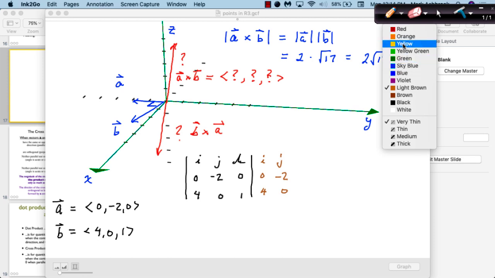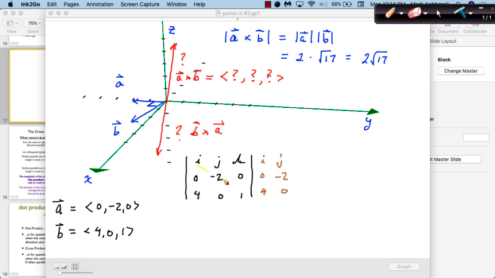Let's see if yellow shows up. Does that show up on the screen? Perfect. There are 3 diagonals down to the right that have 3 factors. I'm going to multiply down each of those diagonals and then add them up. So I'm going to have -2i, multiplying down the diagonals, 0j and 0k.